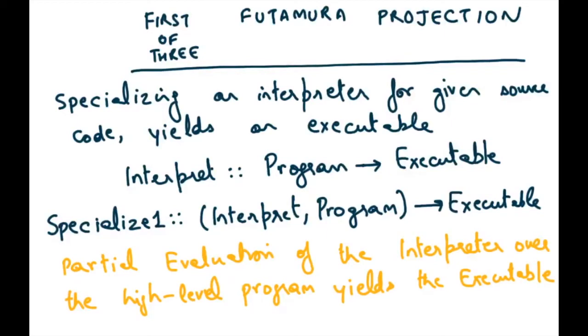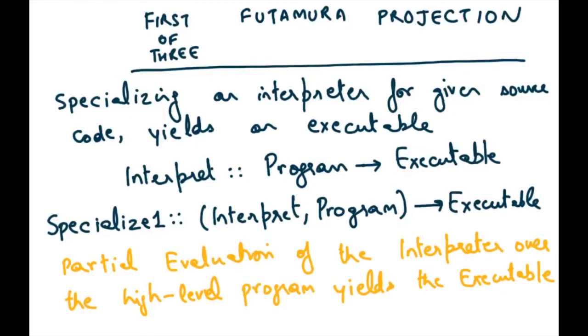Recall that an executable is nothing but a function that takes data and generates output, right? And so interpret can be thought of as a function that takes in a program and generates an executable. And you could specialize this, and so you can specialize the interpreter on a program to generate an executable. All right. So partial evaluation of the interpreter over the high-level program yields the executable.